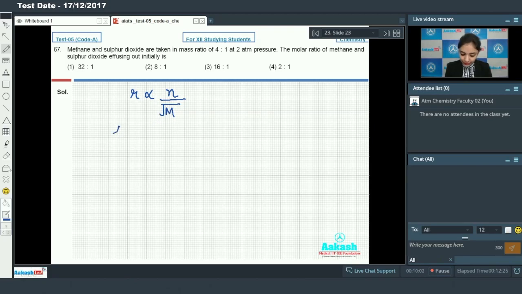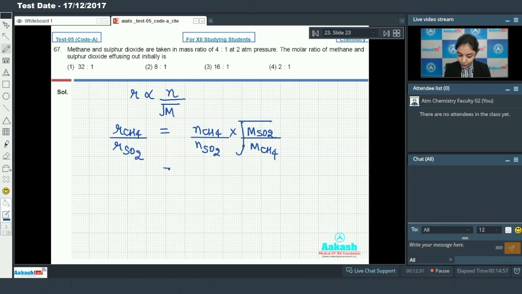So we can write it like this: rate of effusion for CH4 divided by rate of effusion for sulfur dioxide is equal to number of moles of CH4 divided by number of moles of SO2 multiplied by under root of molar mass of SO2 divided by molar mass of CH4.